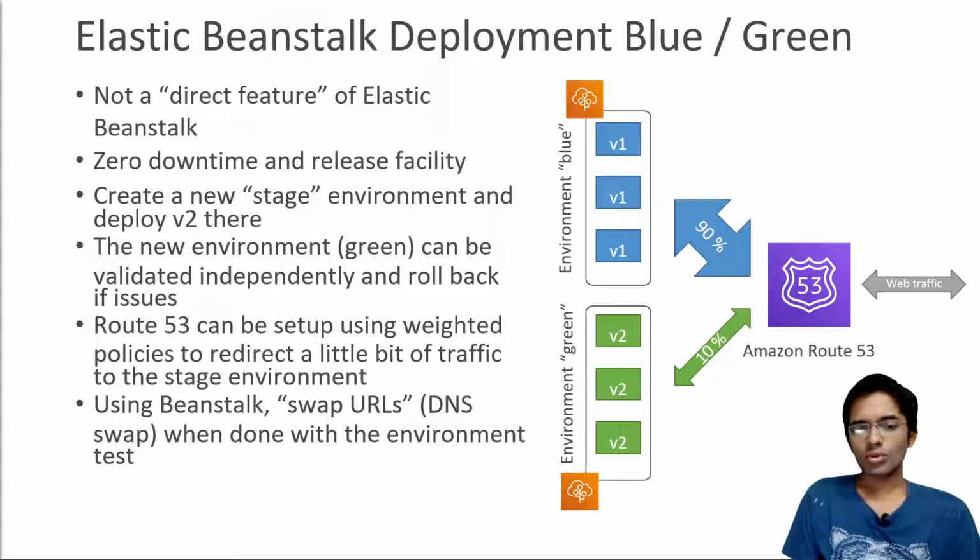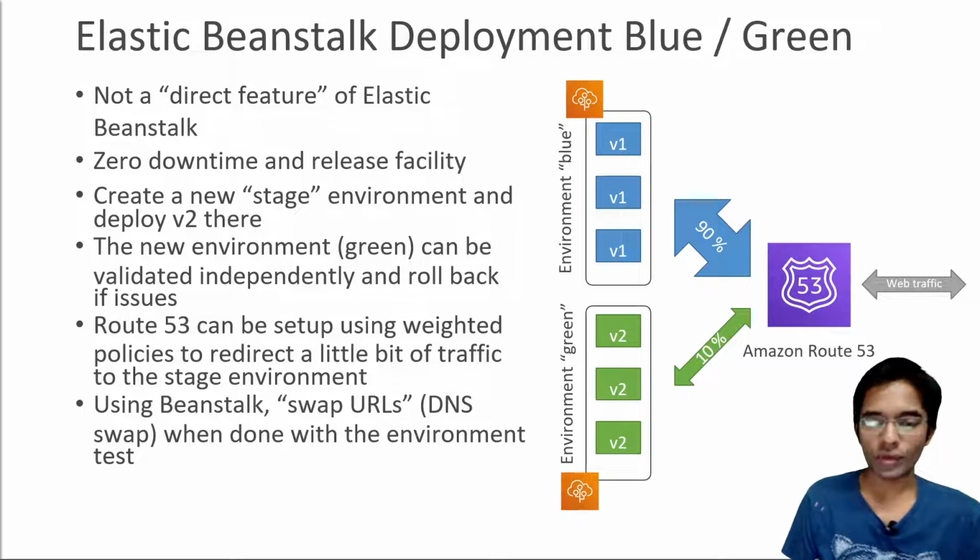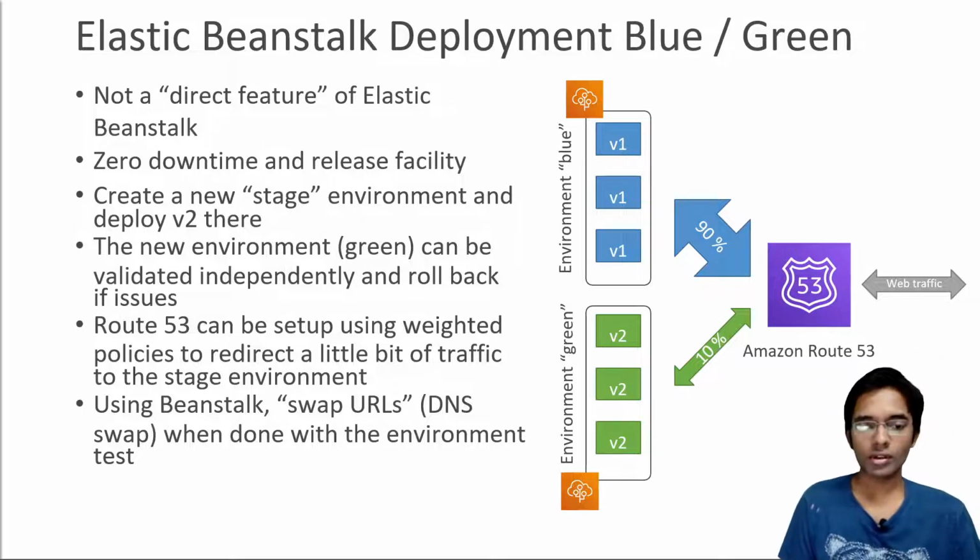Okay, so if you use the Beanstalk swap URL feature, which is a DNS swap, then this basically shifts all the traffic from one environment to another. So you have 2 different strategies. Here is the example using weighted routing and Route 53.